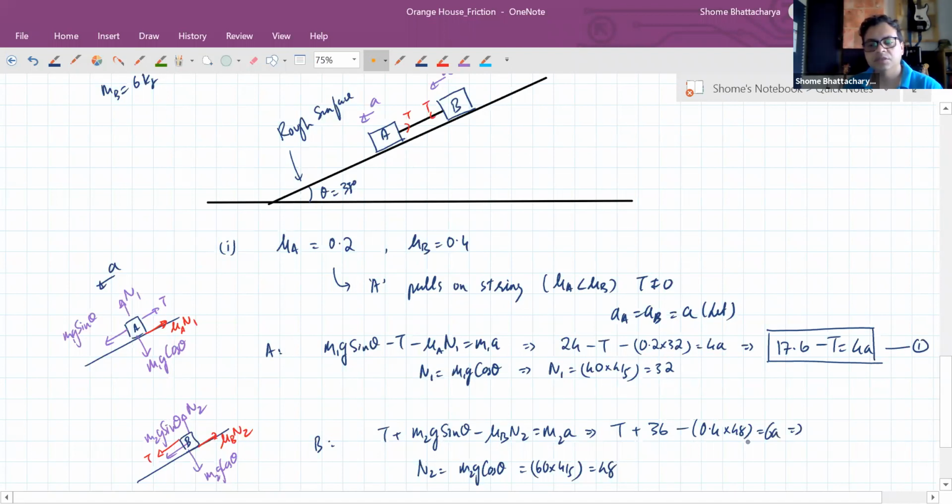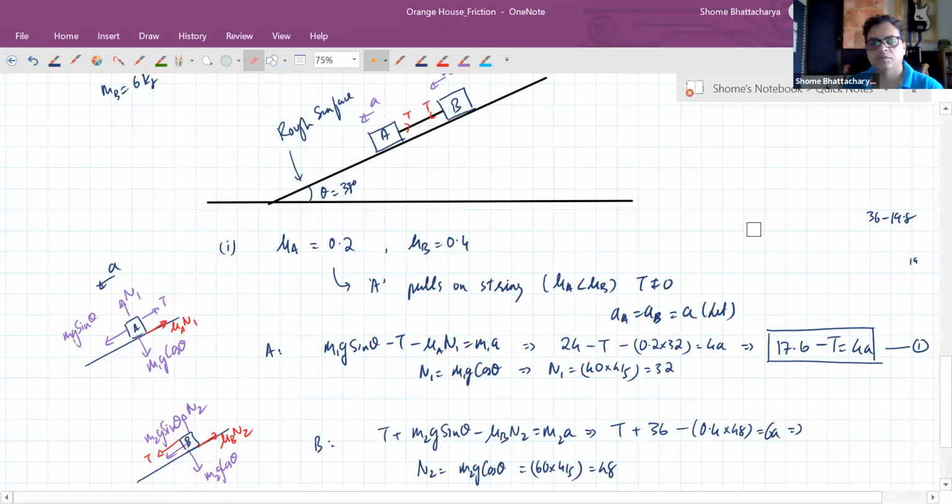So this will become 36 minus 48 into 0.4. So that is how much now?